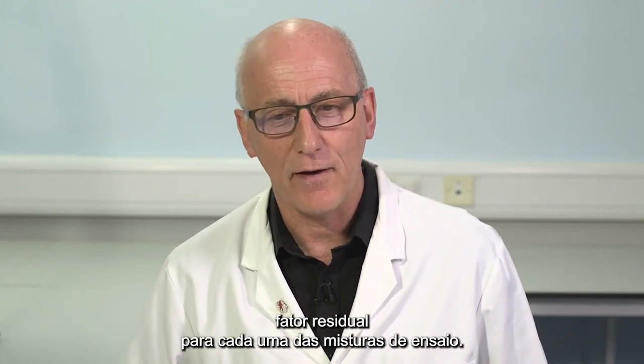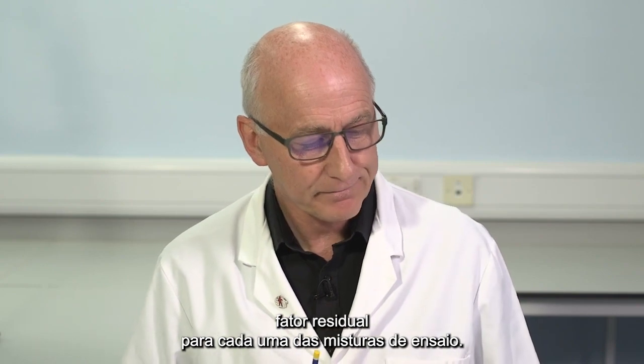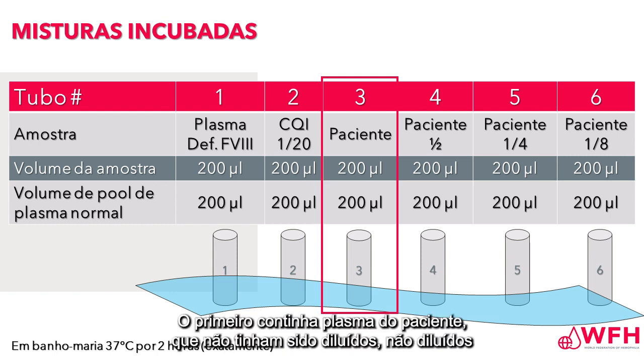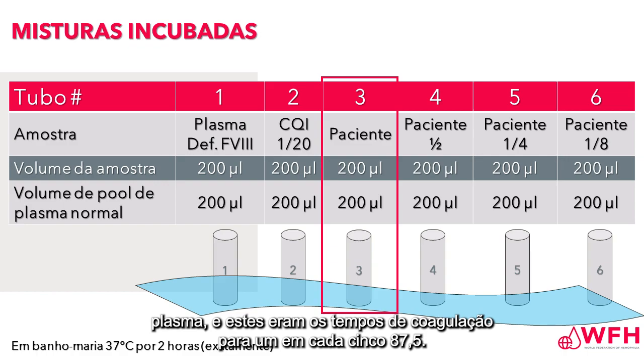First, we need to calculate the percentage residual factor 8 for each of the test mixtures. We made 4 different mixtures of patient test with pooled normal plasma. The first one contained patient plasma which had not been diluted, undiluted plasma, and these were the clotting times.